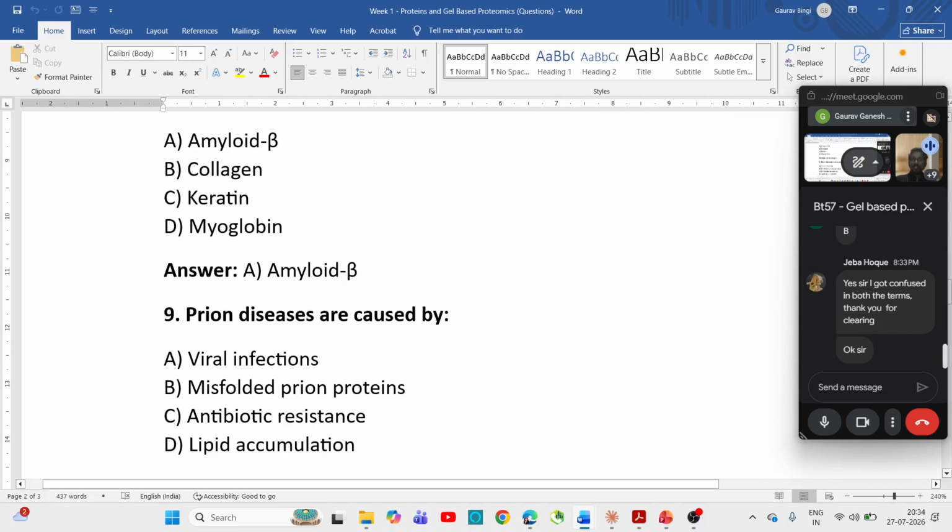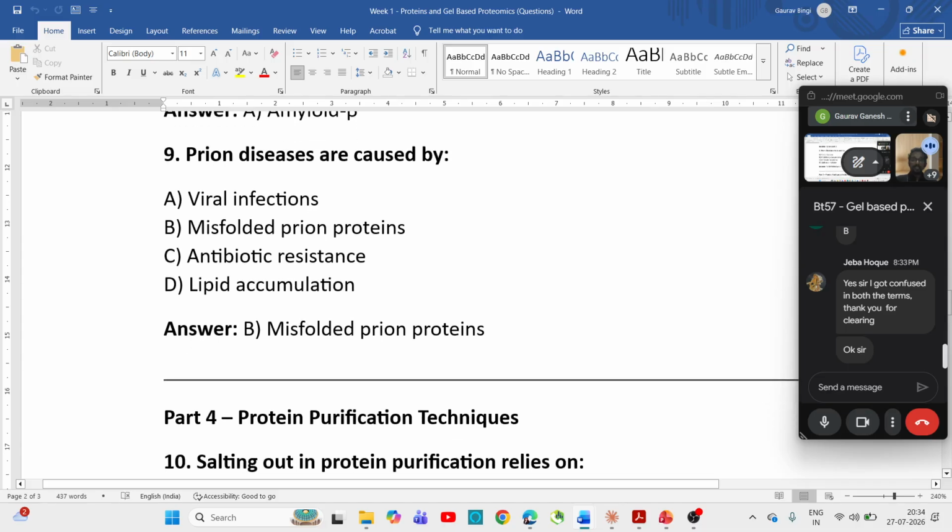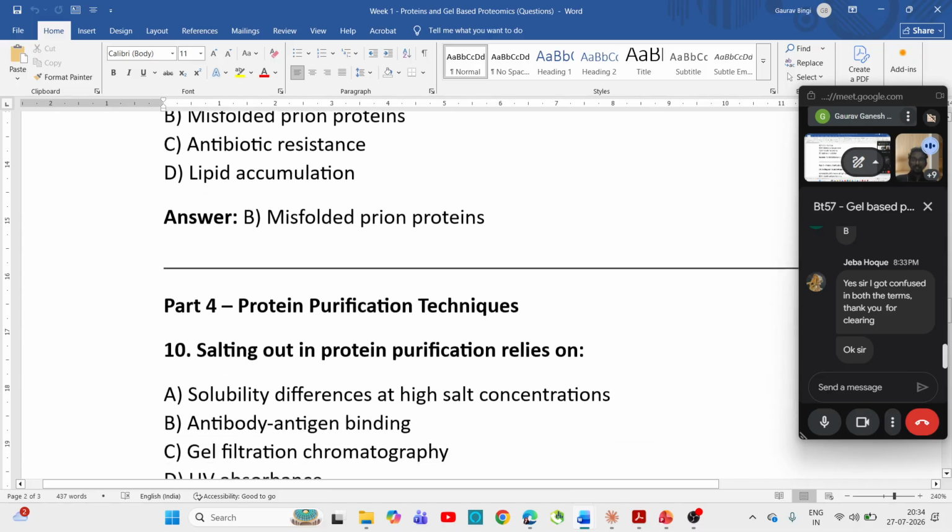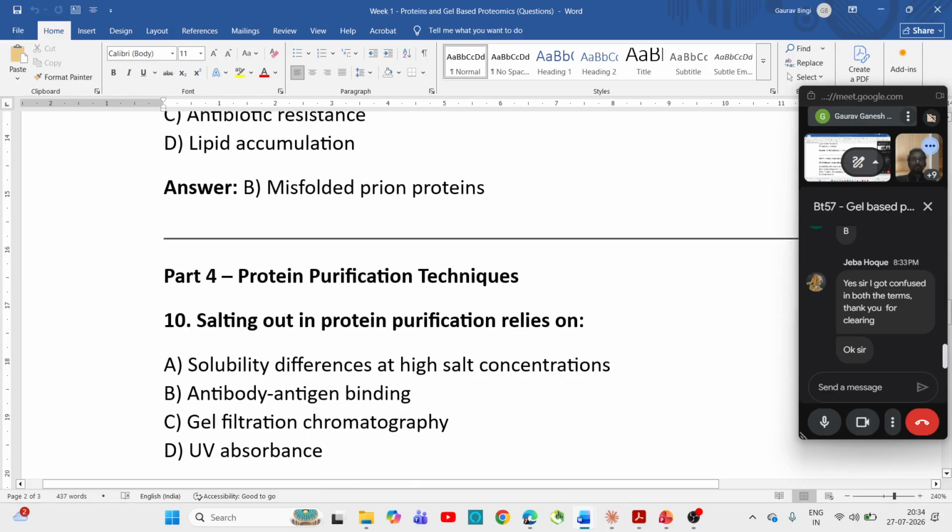So in terms of this, it is the B answer, misfolded prion proteins. Next: salting out in protein purification relies on what? Although we did do it in the lecture, those are basic questions you all might be knowing.